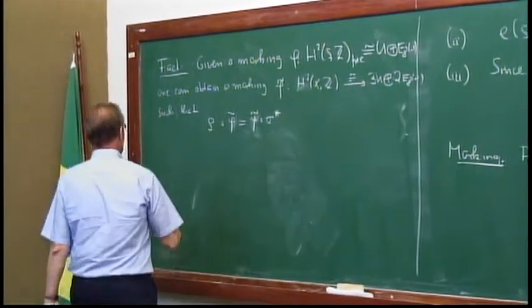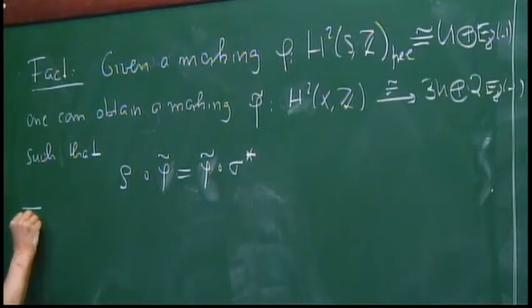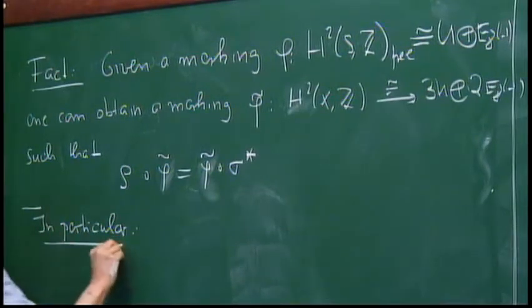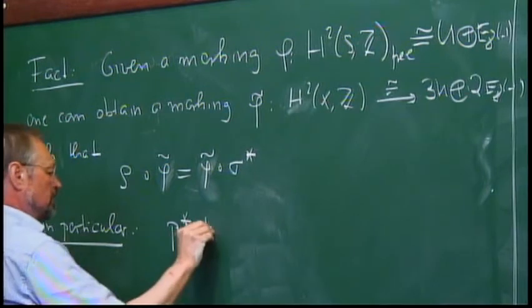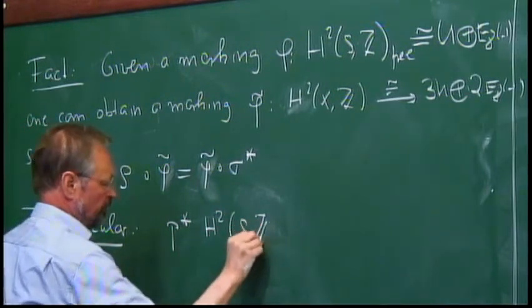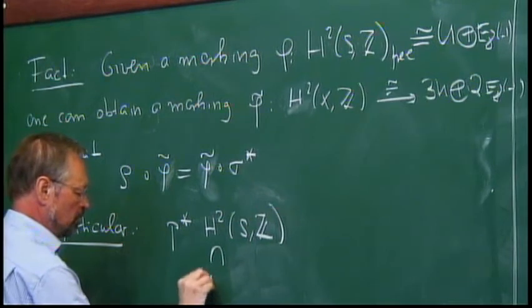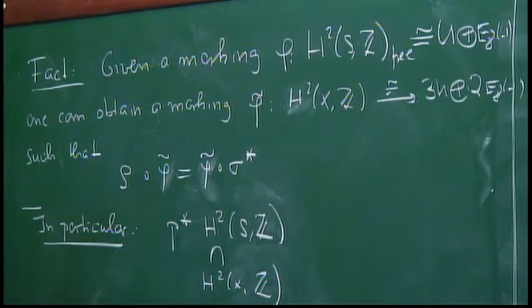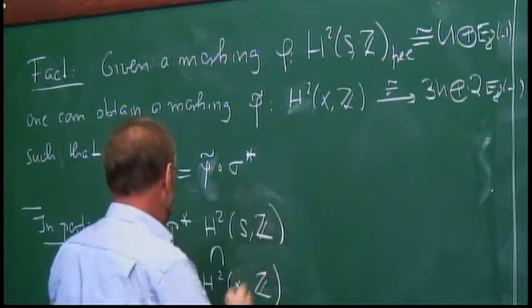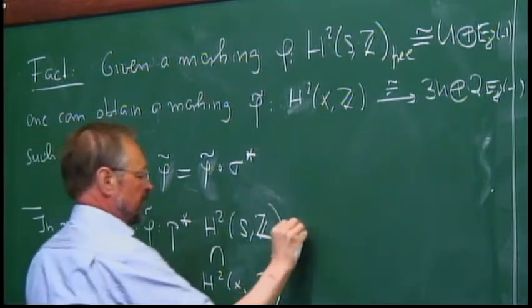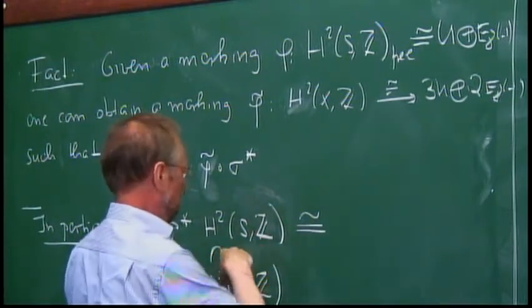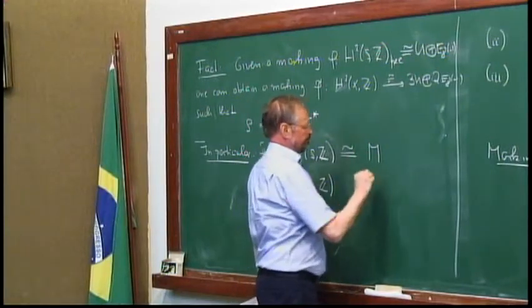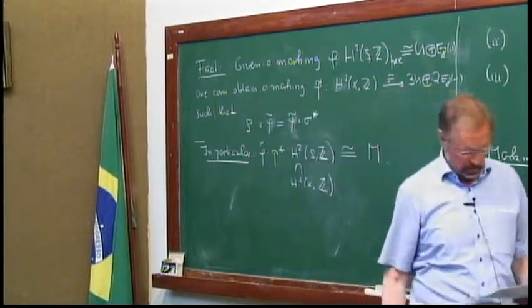So what that means in particular, if I pull back the H2 of the Enriques surface, it now becomes part of the H2 of the K3 surface. If I apply phi tilde to this, then this identifies the pullback of the Néron-Severi of S with my lattice M. That is the point of this construction.